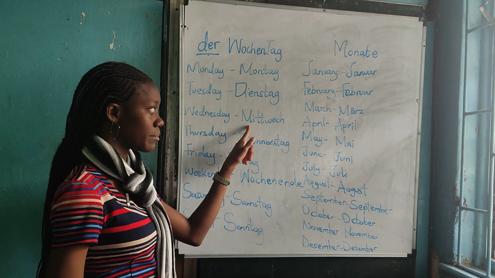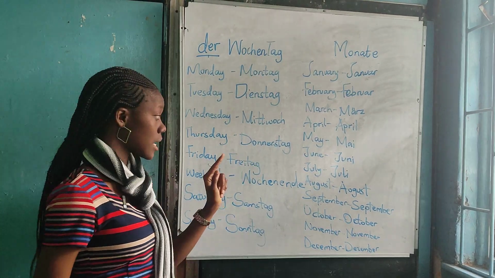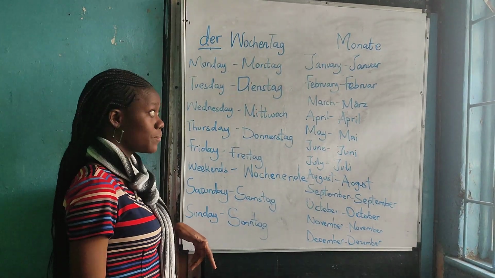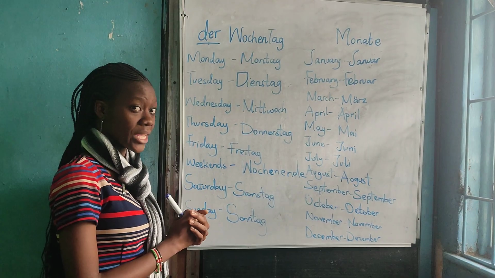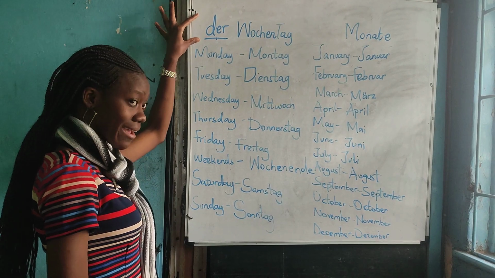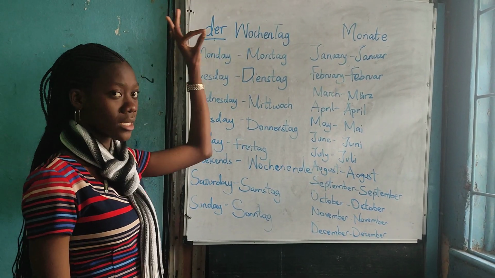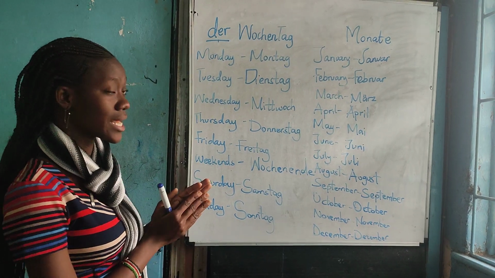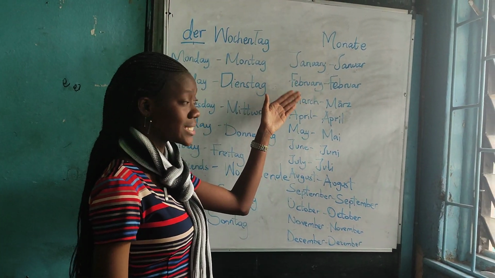Montag, Dienstag, Mittwoch, Donnerstag, Freitag, Samstag und Sonntag. Those are the days of the week, and their article is der Montag, der Mittwoch, okay? Hope you've understood that.